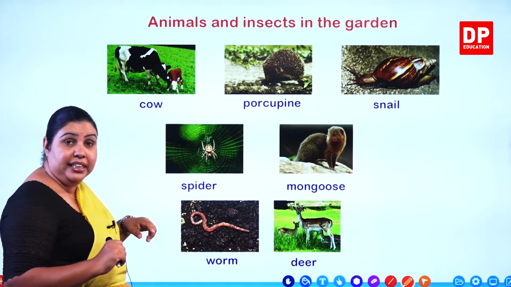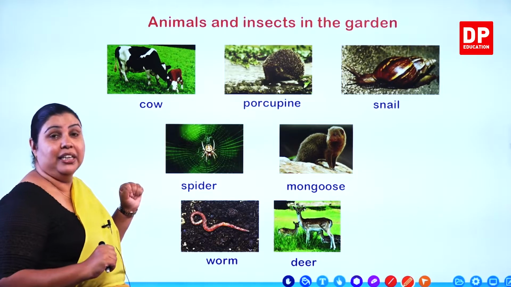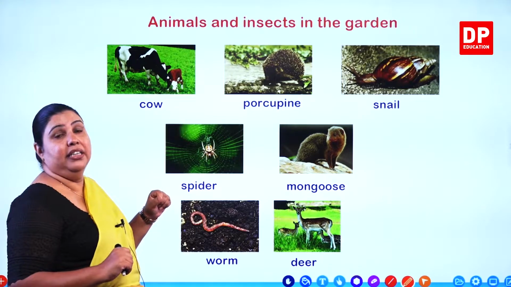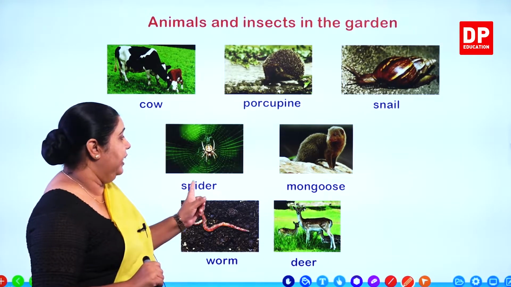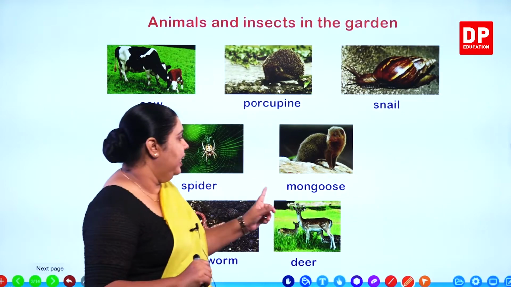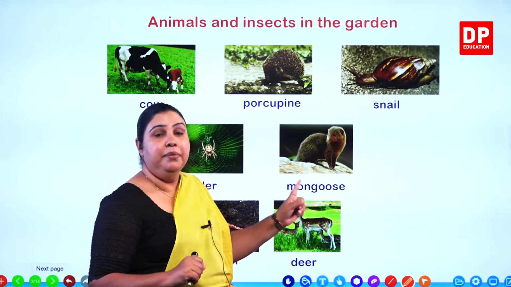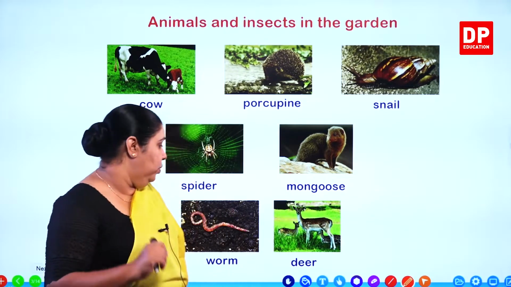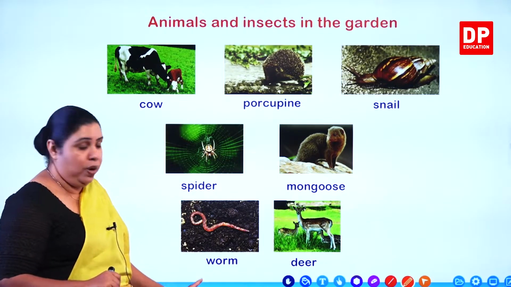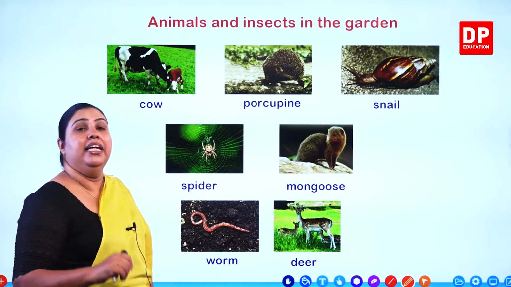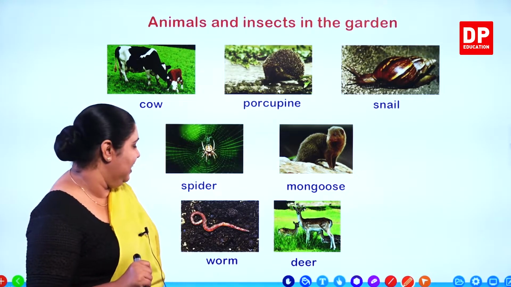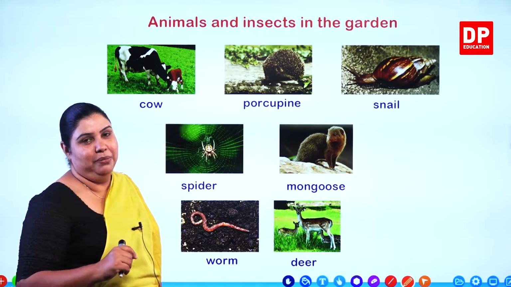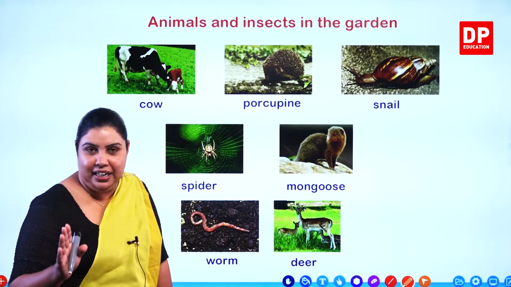Then we have the little insect, spider, S-P-I-D-E-R, a tiny spider. Then we have the mongoose, M-O-N-G-O-O-S-E. Then we have the worm, W-O-R-M. Then the last animal, the very innocent deer, D-E-E-R. So those are the animals that you see in the garden.